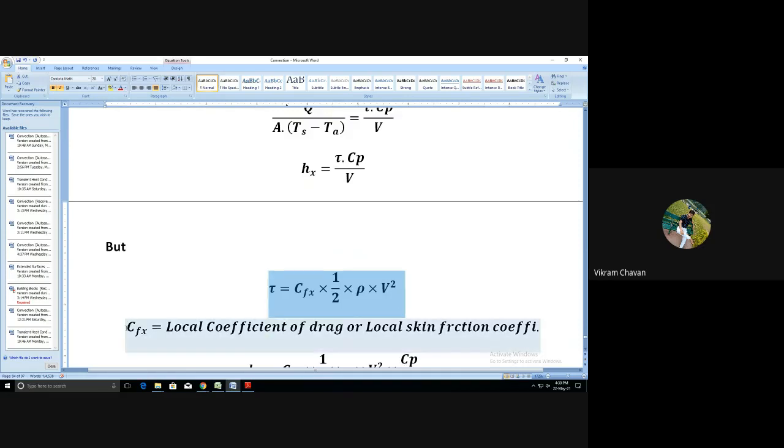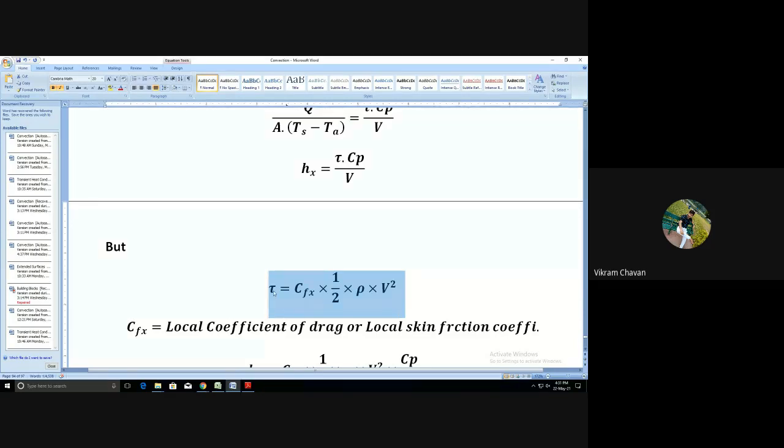It is also called the local skin friction factor. This is also one kind of shear stress formula, and you have to remember it: tau is equal to Cfx multiplied by 1/2 multiplied by rho multiplied by V square.